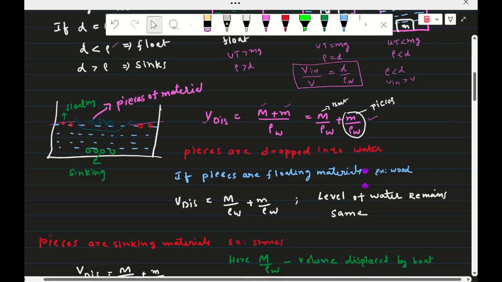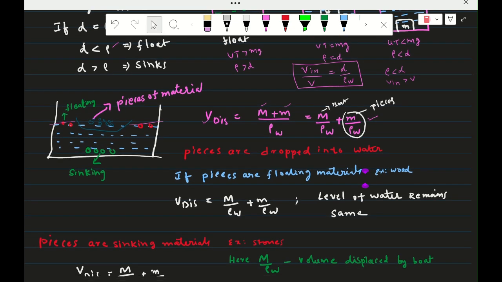So now what will happen? The volume displaced by now boat and wood we have to find out. So now the volume displaced by boat is constant. In the case of floating, when it is floating, mg is less than upthrust, right? So that, m means mass.